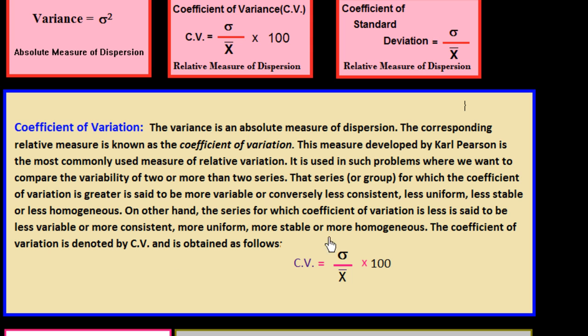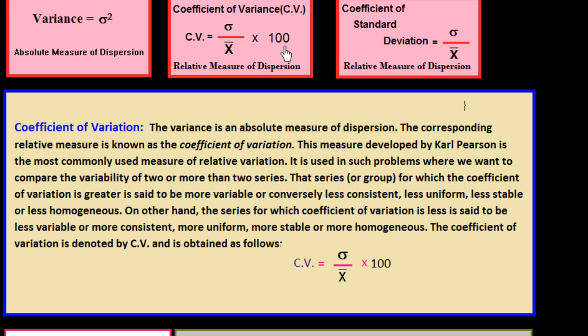The coefficient of variation is denoted by CV and is obtained by this formula: CV is equal to standard deviation over mean multiplied by 100. So here you see the formula we have written: CV is equal to sigma over x bar multiplied by 100.